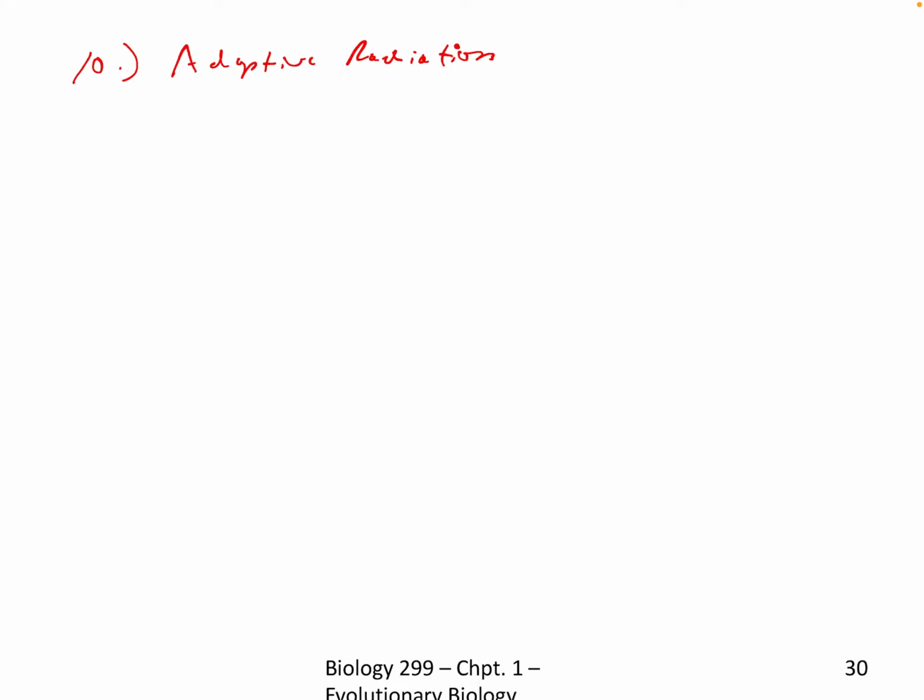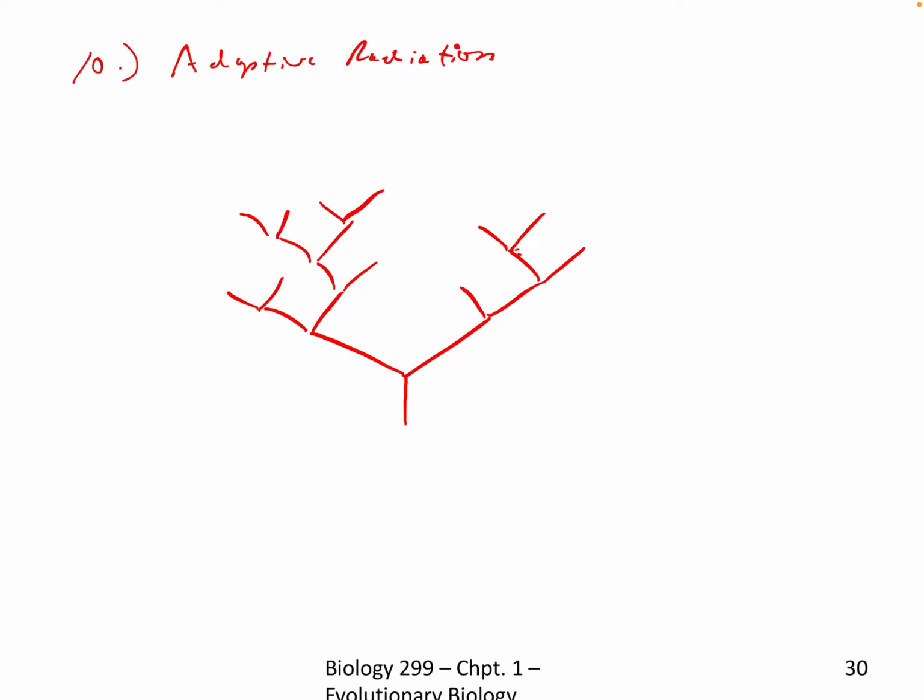A lineage or lineages may diverge into numerous closely related lineages over relatively short time periods. So adaptive radiation is basically what causes the branching pattern that we see in phylogenies, right? Evolutionary trees. So this branching pattern describes the relationship between ancestor and descendant.